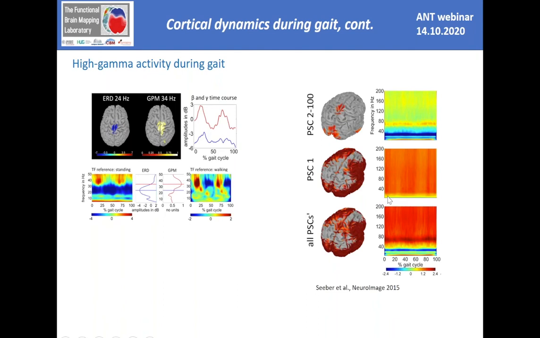Low frequencies are almost not present, but for higher frequencies, more or less all frequencies are equally highly present during the whole gait cycle. And after we reconstructed these spectral profiles from our data, we could locate this, and we found out it is this lateralized huge spread, right? And then we could just average or subtract that out.